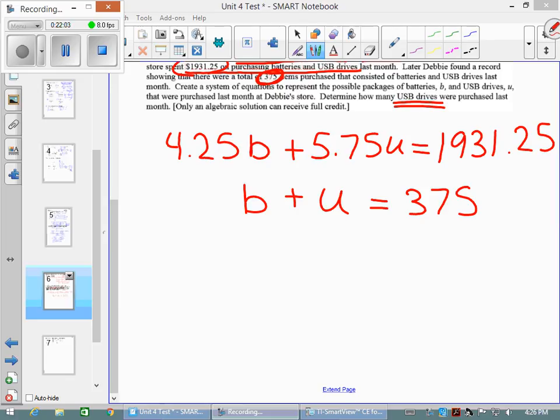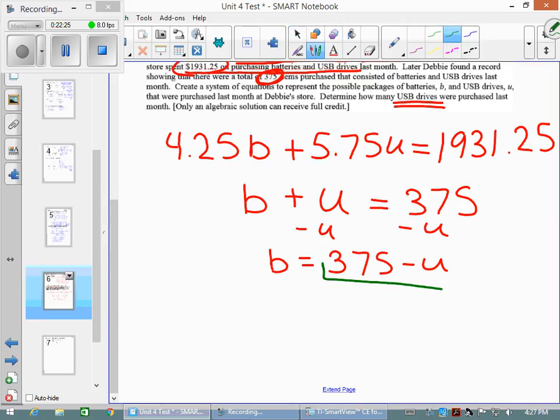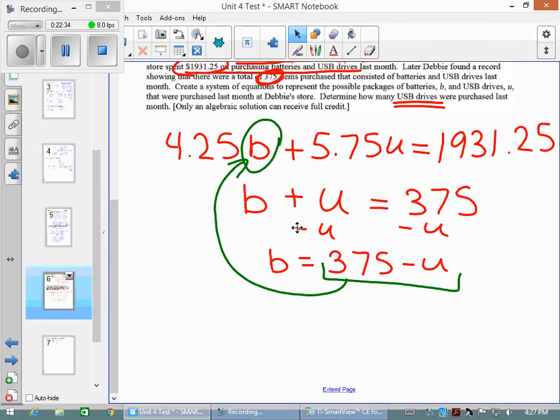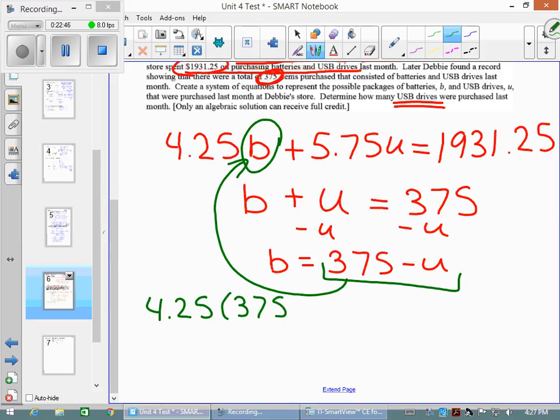So I am going to subtract U on both sides, and I get B equals 375 minus U. Now, I'm going to take this equation, and wherever I see B in this equation, I'm going to replace it with the 375 minus U. So my new equation is going to be 4.25, instead of B, I'm going to do this, sorry, 375 minus U, plus 5.75U equals that same total.